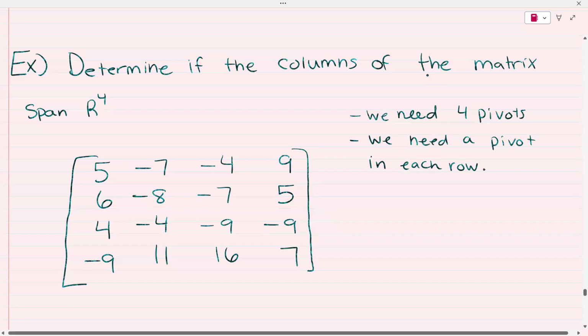So the question is, do the columns produce enough pivots that we need?